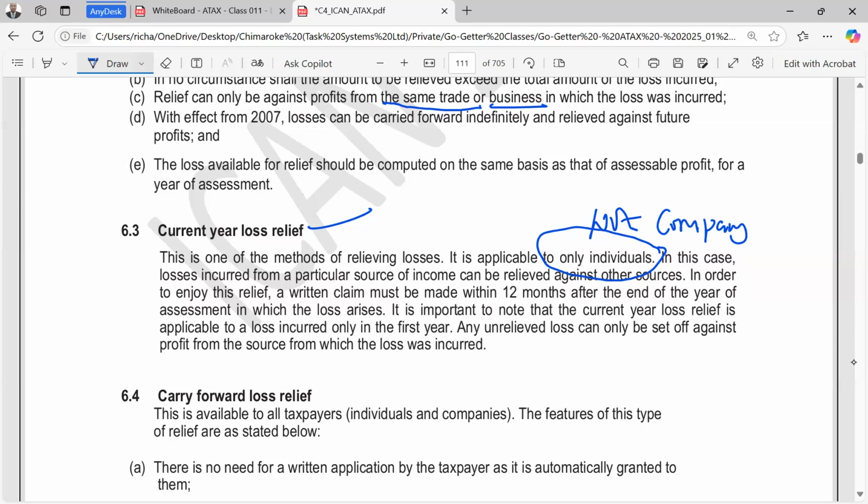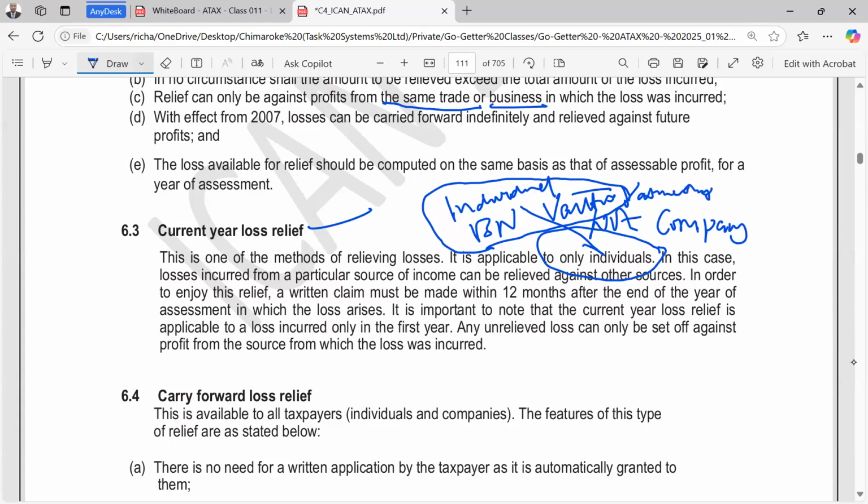So when I say individuals, we have business names, ventures, or partnerships, which are individuals because they cannot stand alone.